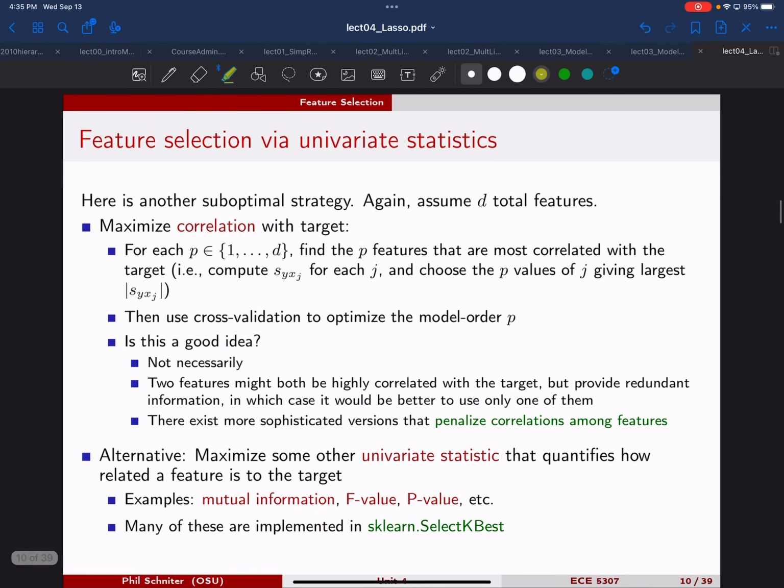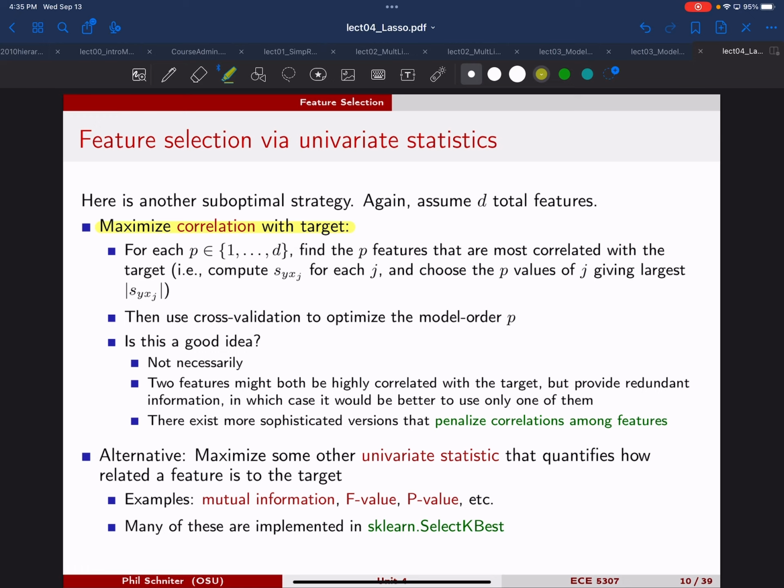Okay, so another approach, a totally different strategy here. Here the goal is, let's try to maximize correlation with the target. If I have a subset of features and certain features are more correlated with the target, the same way we learned about correlation, like the sample cross covariance, I think what we called it.